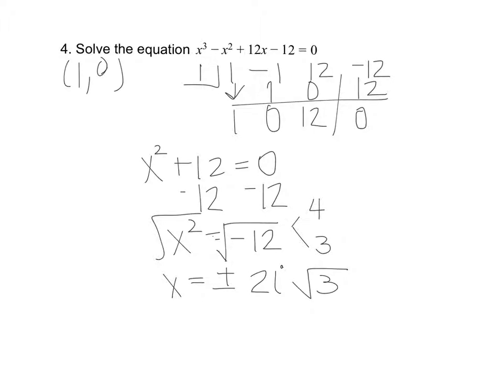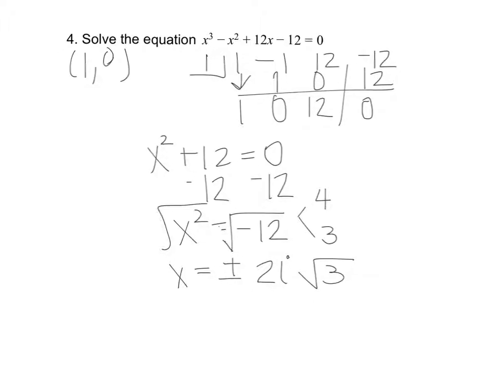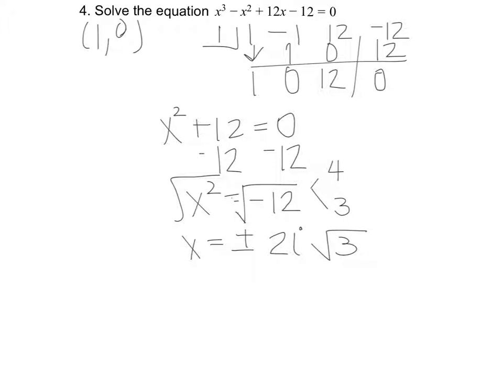So x equals plus or minus 2i radical 3. So all of my solutions for x, when I solve the cubic, are x equals 1, 2i radical 3, and negative 2i radical 3.